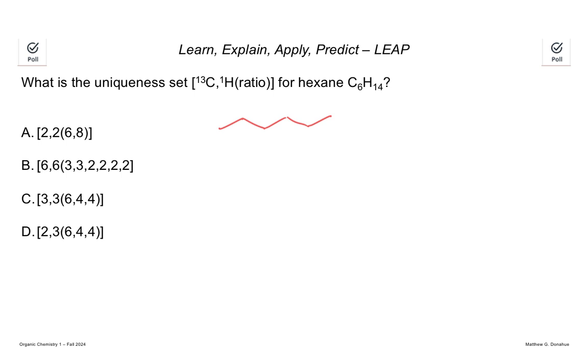So the uniqueness set for hexane, we already said there were 3 carbons. So we can get rid of B and D and A. So I've canned this one for you as well. There's 3 unique types of carbon.